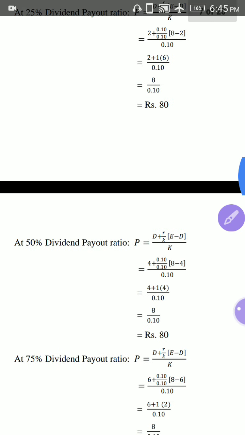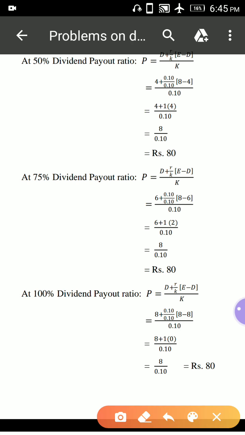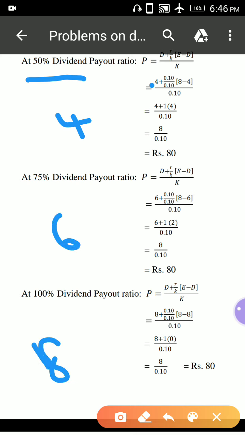Next, a similar calculation will be made for 50% dividend payout ratio. Here the D value will be 4, here the D value will be 6, and here the D value will be 8.